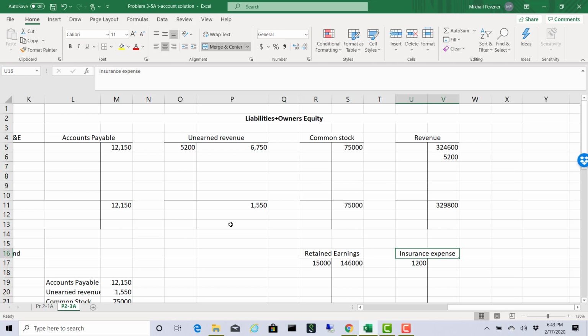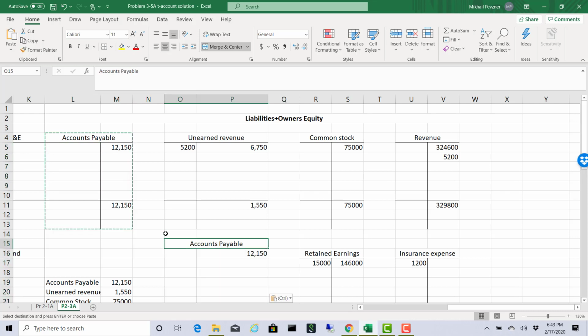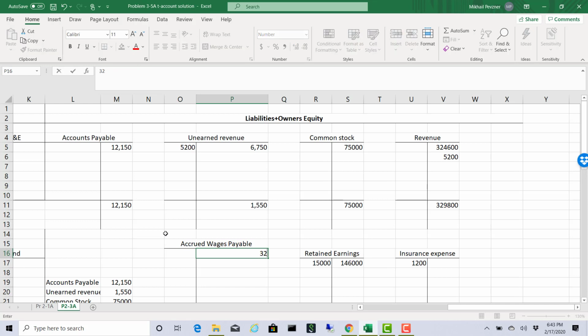So then I need to have another liability account called accrued wages payable. I could put it to accounts payable, but it would be kind of incorrect because accounts payable really should be only the stuff that comes from inventory sales. So accrued wages payable, and we said that was 3,200.